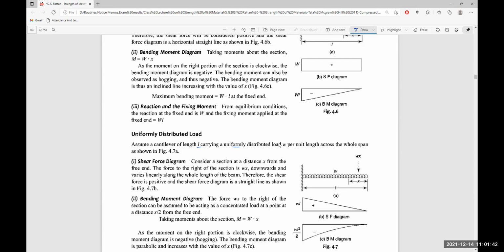For the bending moment, the force omega x to the right of any section acts as a concentrated load omega times x at a distance x by 2 from the section, from the free end. So the moment about the section will be omega x times x by 2.